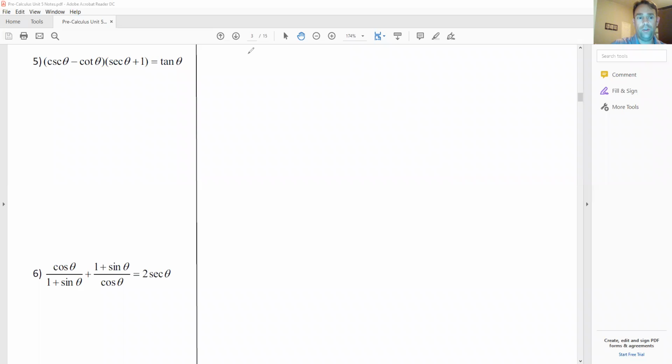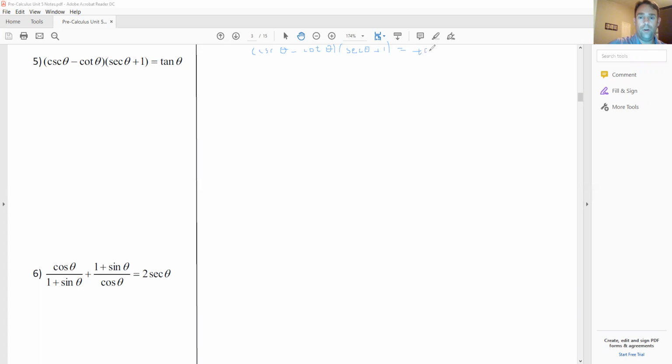All right, so sine and cosine. So here we go. First of all, I got to write it here: cosecant theta minus cotangent theta over secant theta plus 1 equals tangent theta.